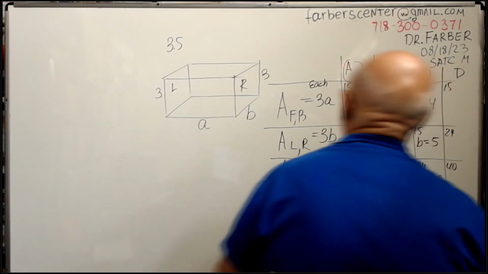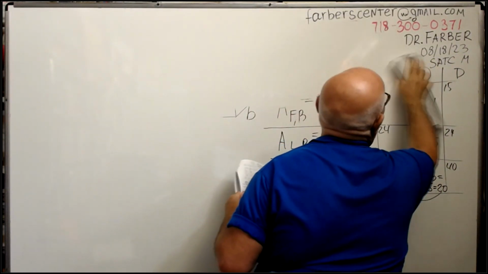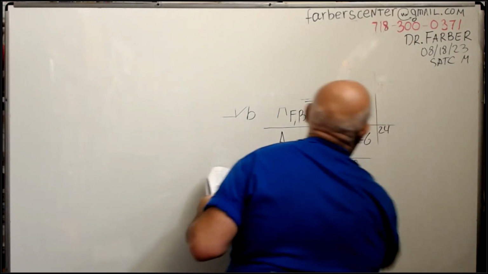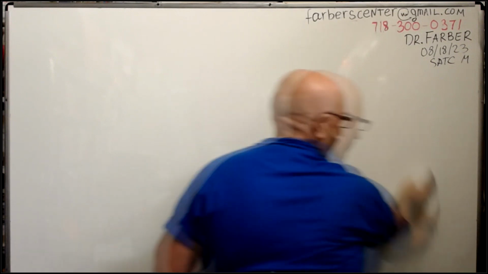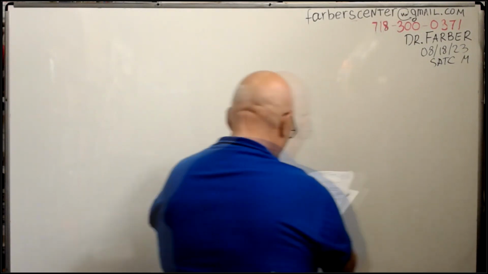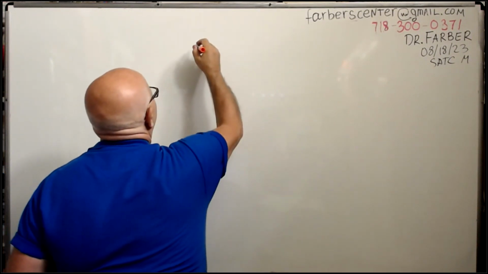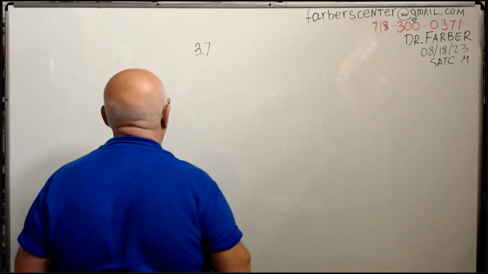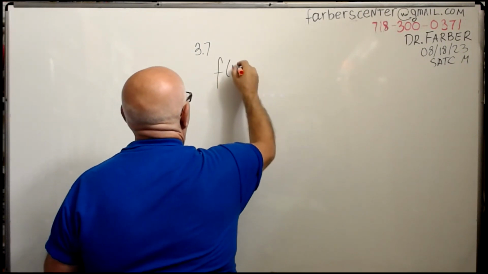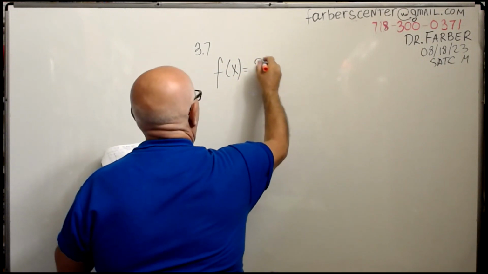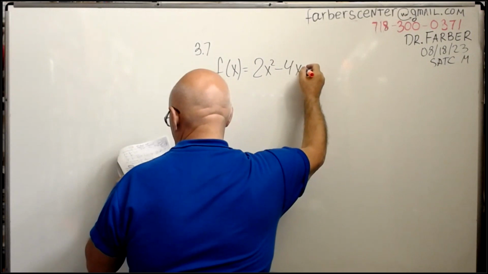So many questions in SAT are based on the same idea. The given function is f of x equals 2x squared minus 4x plus 1.